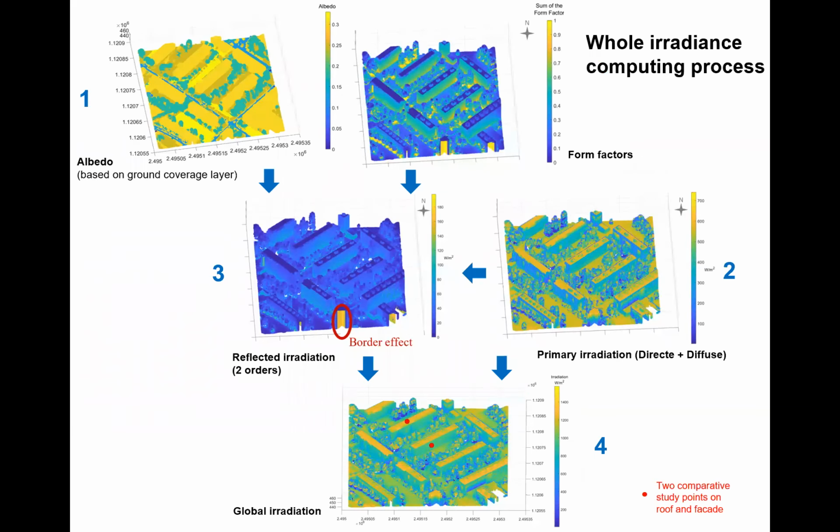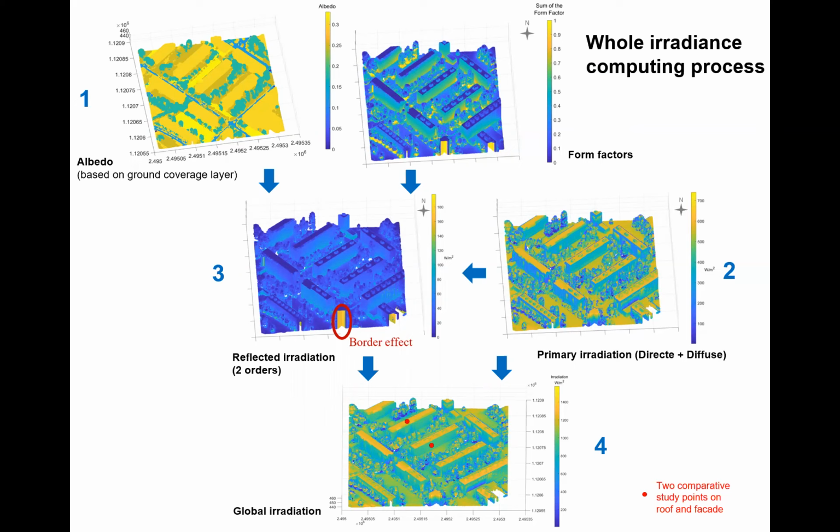So here's the way it works, considering all the process as I introduced previously. First of all, we have to analyze the albedo for each scene point on the ground, facade, and roof. We have, for Geneva, some GIS information like a ground coverage layer. We calculate the form factors.